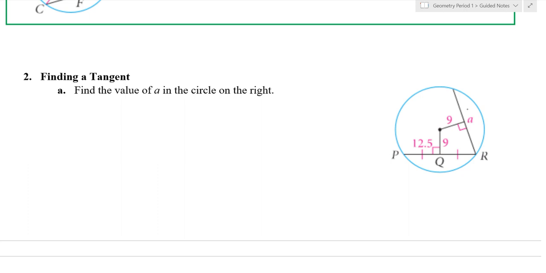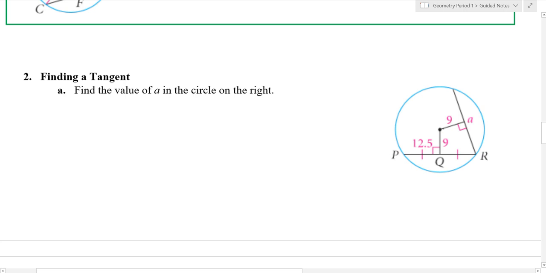We know that the distance from the center to PR right here is 9. We also know that the distance from the center to this other chord over here is also 9. We have two chords, one called PR, the other one doesn't have much of a name, but let's call it A. This chord A right here is also 9 units apart.